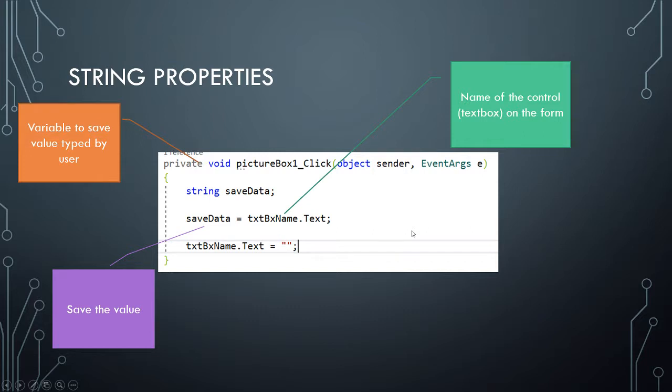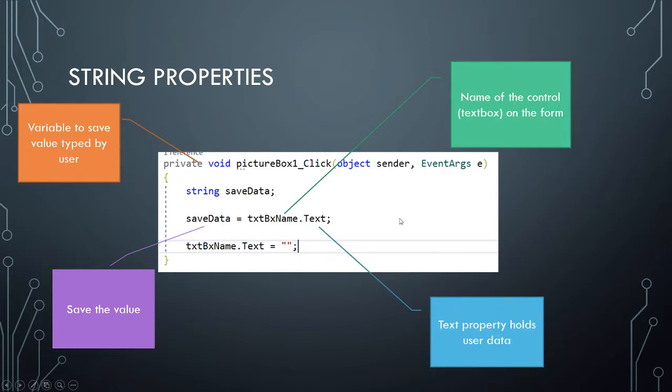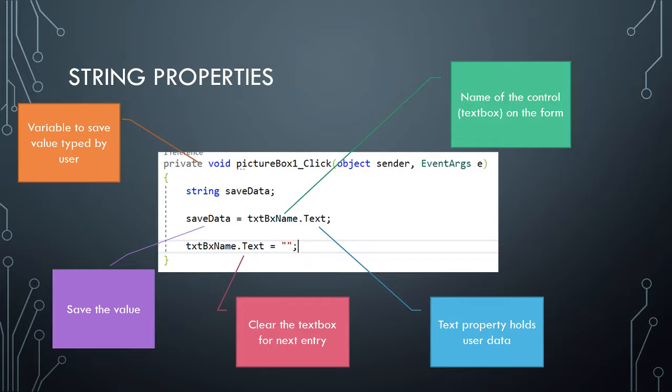Next, in the third line, again, we have the name of our control, followed by the property name that we want to update. At the very bottom, we're going to clear that text box for the next entry. So here we're saying we want to update text box name's text property and set it equal to two double quotes, which would be an empty string value.